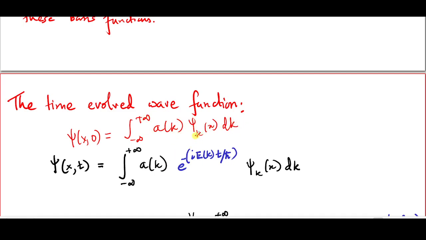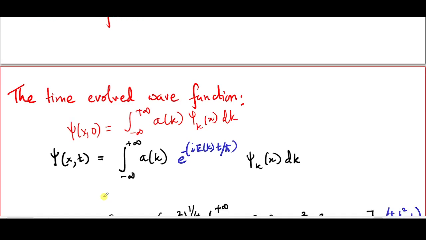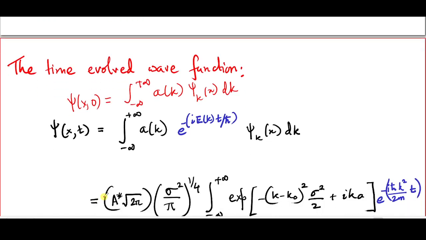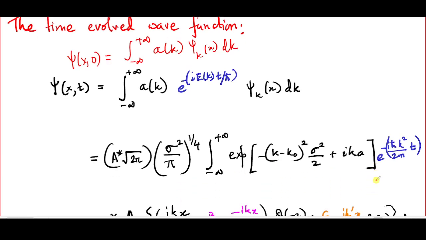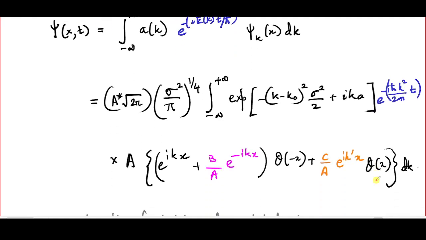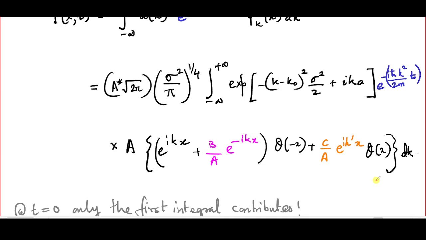Each of these energy eigenfunctions picks up an e to the minus iEt by h cross, and that is how you end up with an integral describing psi of x comma t. Now with our calculated value of a_k, capital A star root 2 pi times this, etc., we have just plugged everything in, and then this exactly is what psi_k of x is.